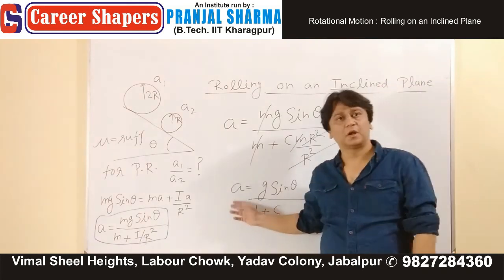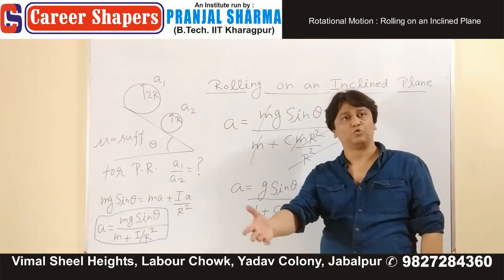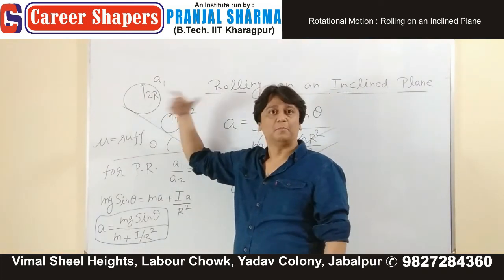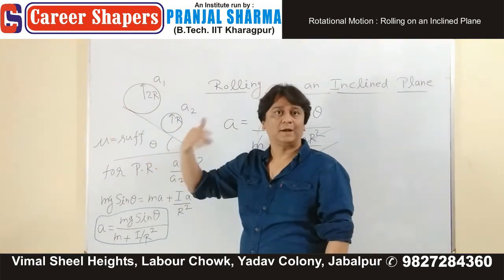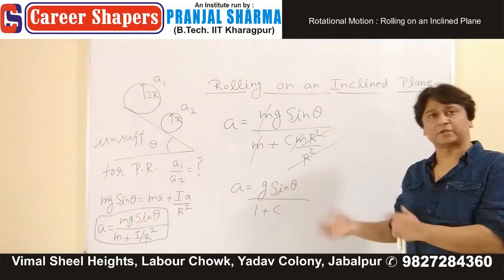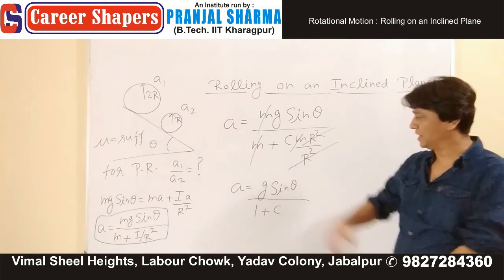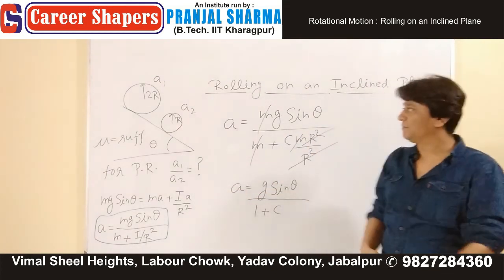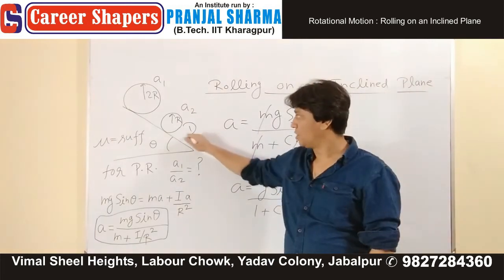So this acceleration has nothing to do with size, mass, or type of the material. It can be steel, glass, steel, copper, anything, any size, as long as you have the same type of rolling body, disc.